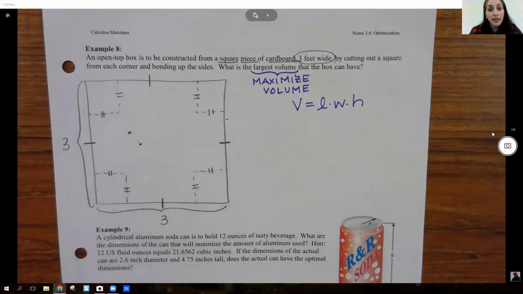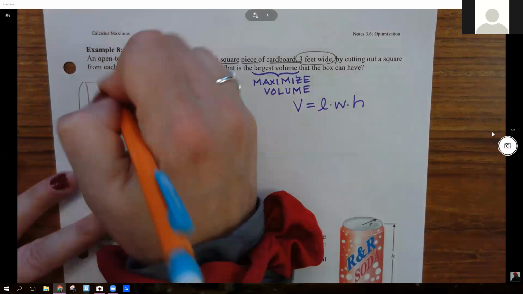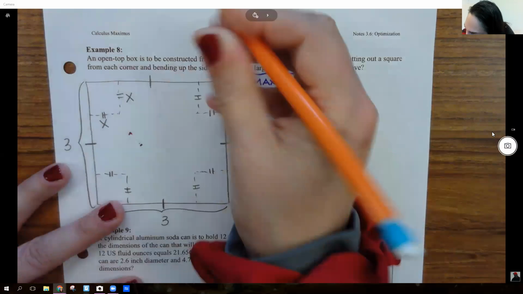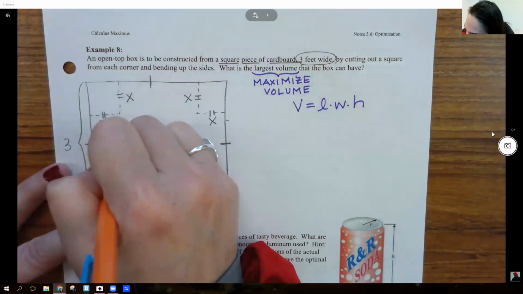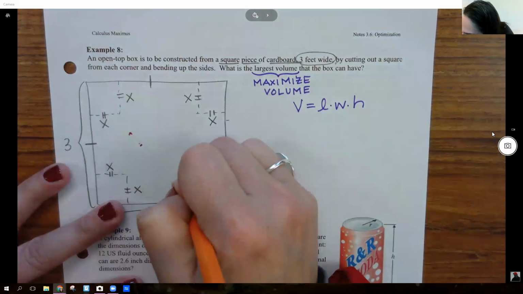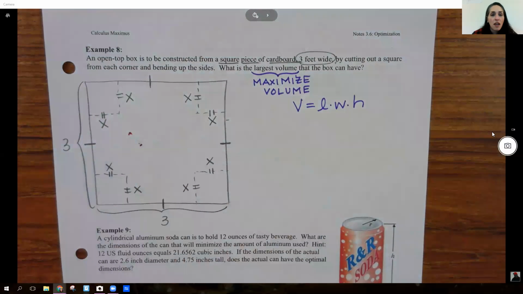Therefore, I should call the dimensions of the square what? Unknowns. And what's the most common thing to call an unknown? X. X, there we go. So these are X. Okay, perfect.